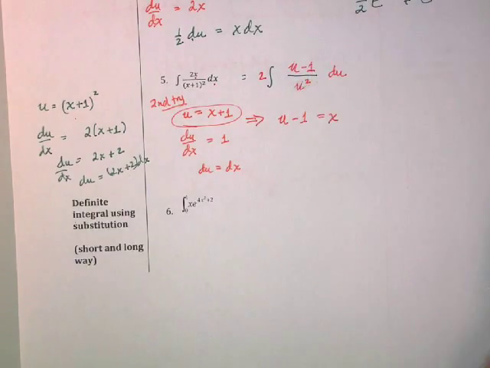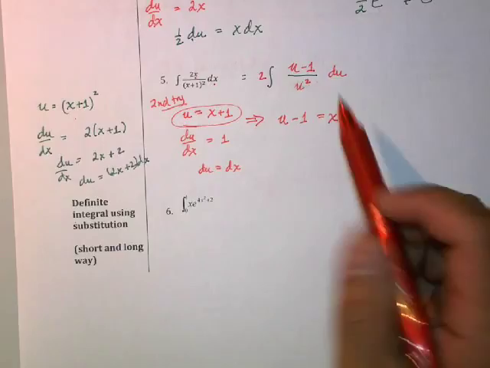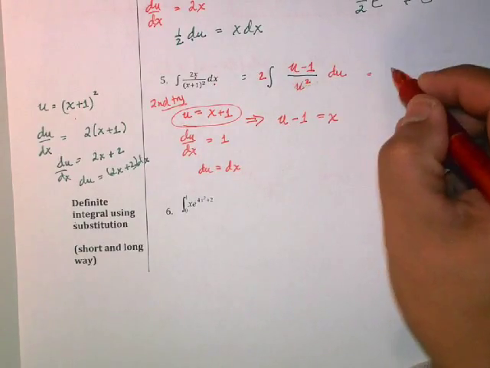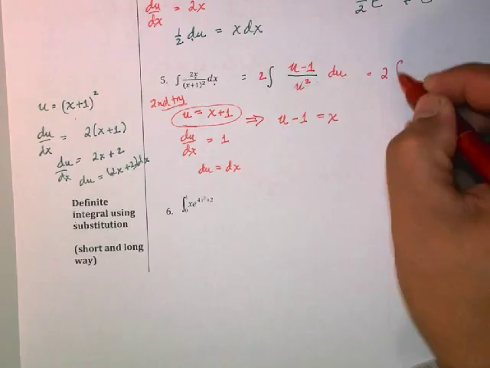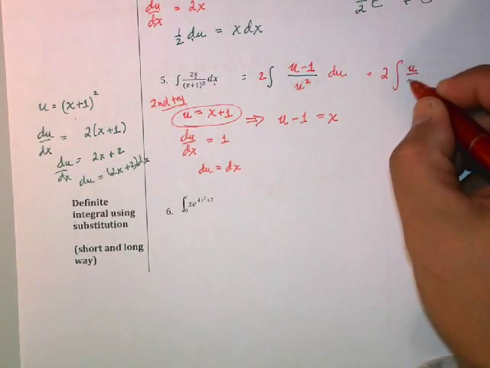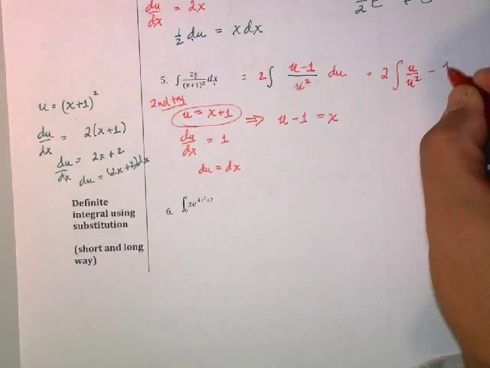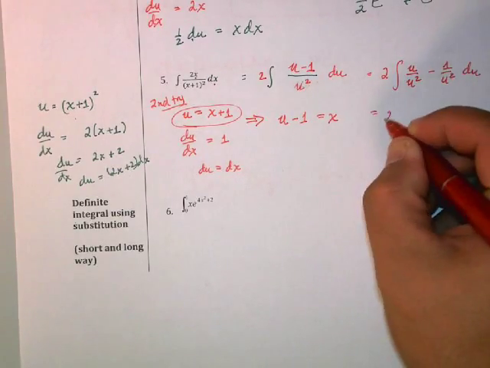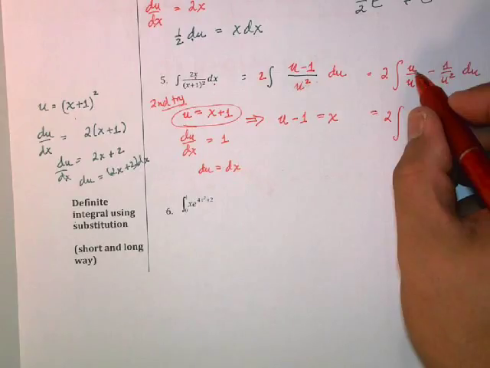So it makes it simpler for us to make this substitution. Because when you have an addition or subtraction in the numerator, we can separate it into two smaller problems. The 2 times the integral of u over u squared minus 1 over u squared du.